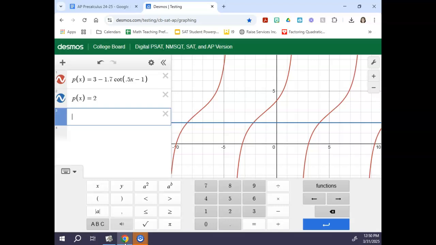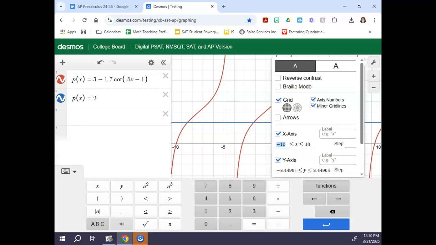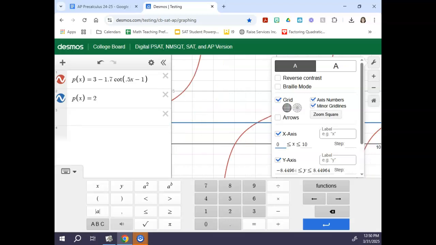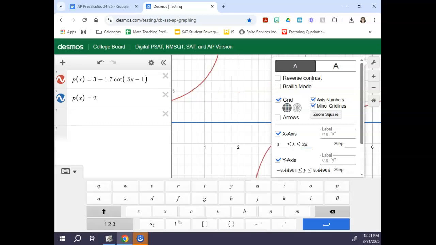So when I go to the little wrench up here, if they give me a domain, which they did, from 0 to 2 pi, on my x-axis, I'm going to make that go from 0 to 2 pi. And I don't have to go find pi in a special menu. You can type pi, and it changes it to pi for you. Okay, anytime you need pi on there, you just put pi, and there you go. Then here's the other thing.